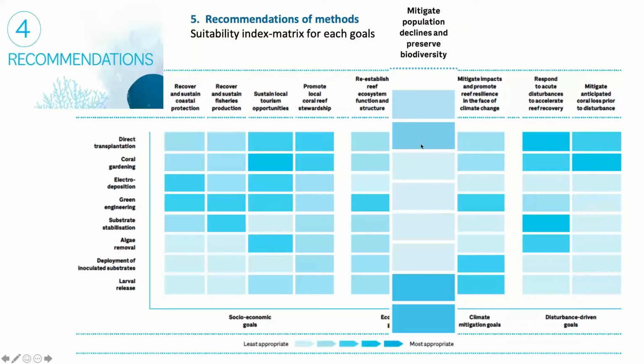They're followed by coral gardening. Direct transplantation is somewhat appropriate, and then all the other methods would probably not be suitable if your goal was to mitigate population decline and preserve biodiversity. So we're hoping again that this index matrix allows us to give this general overview of what method works for what goal.